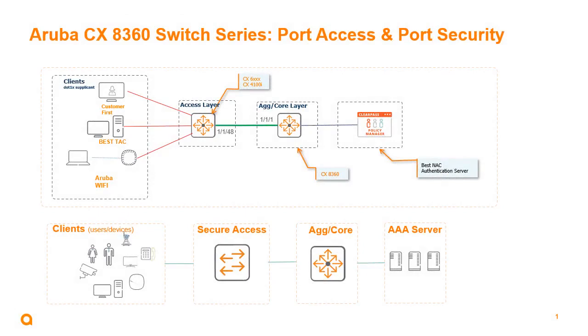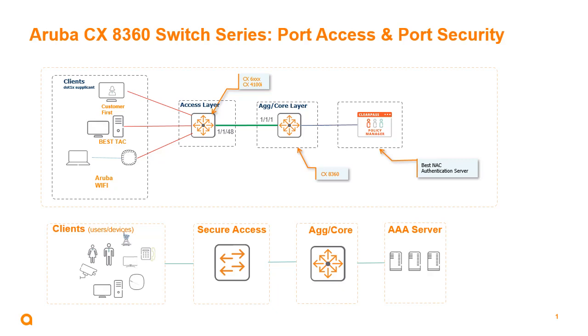As you see on the left-hand side of the screen, all clients like users and devices, such as access points, desktops, or phones, get authenticated either using MAC auth or by 802.1X if they are capable. Those devices, if they are capable of 802.1X, get connected to an access switch. Then the access switch works like an 802.1X authenticator.